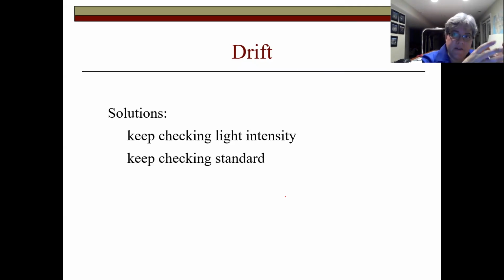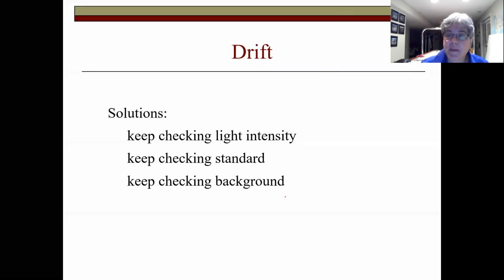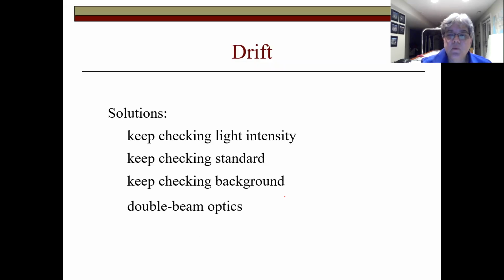So you measure the standard in the morning, and then you measure it in the afternoon to make sure nothing's changed. Another way, keep checking the background. You know, every time you measure a new sample, check the background to make sure it's not changed. And then the final way you can deal with this is something called double beam optics.